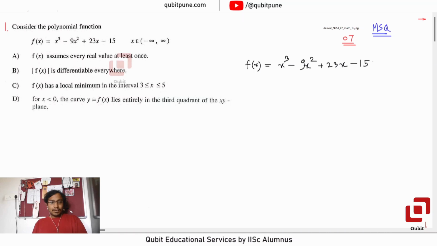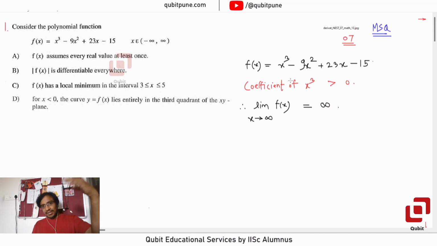First of all, note that the coefficient of x cubed is positive, and therefore I can say that the limit of f of x as x tends to infinity is infinity. Correct? As x gets larger and larger, x cube is going to dominate all the lower power terms, no matter how large their coefficients are. So this is going to be infinity.